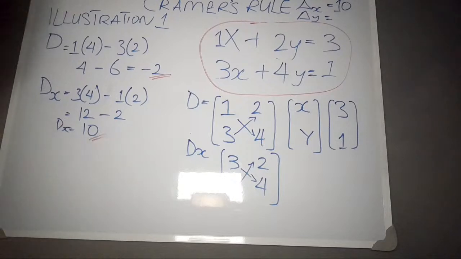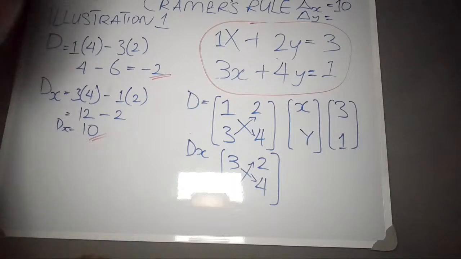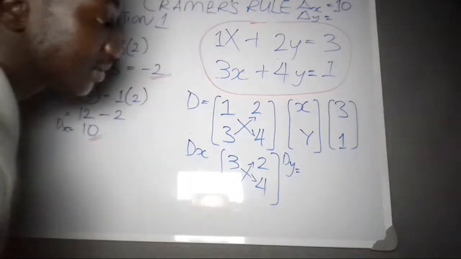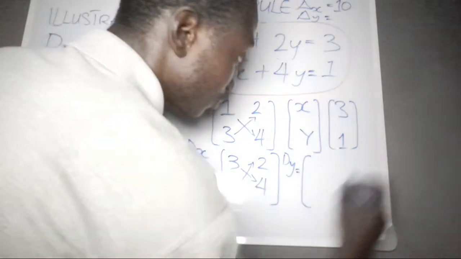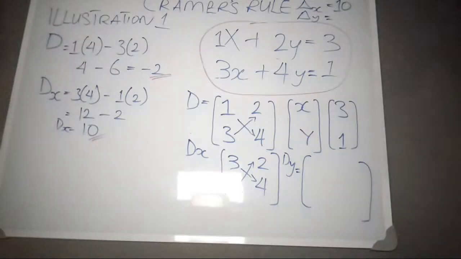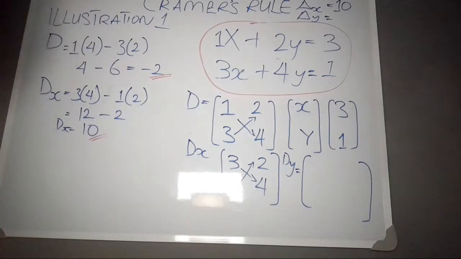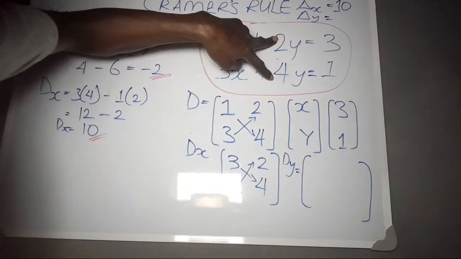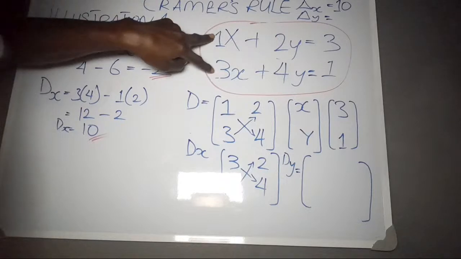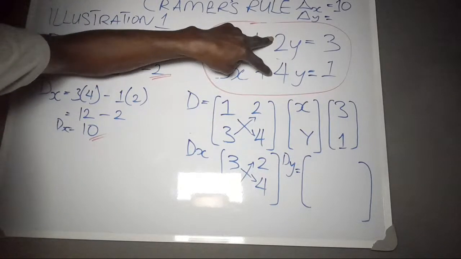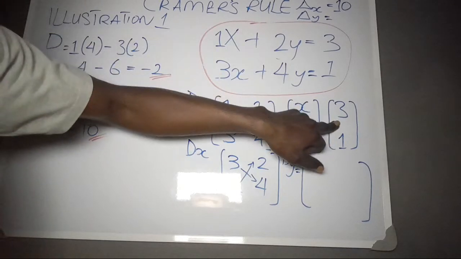Now, to solve for dy, then we say, yeah. Now the same thing we did to x, that will substitute the coefficient of x. This is the coefficient of x we substituted for this. We are going to substitute the coefficient of y as well, and it will be substituted for this.